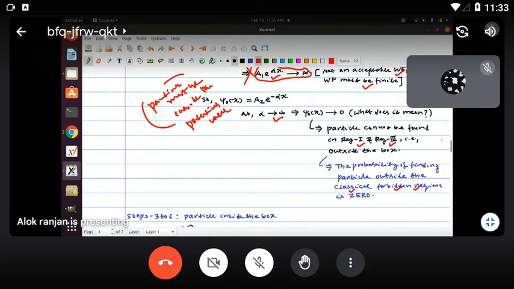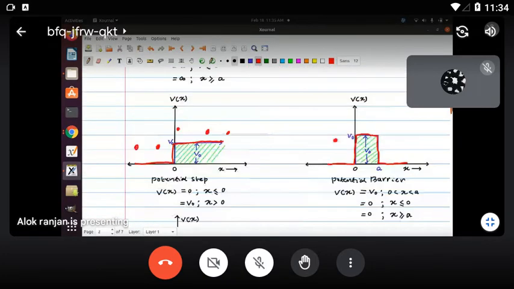But in quantum physics, there is a certain chance that the particle can be found inside classically forbidden regions. That's why the electron can tunnel. Those who know about superconductivity, in that case the electron will tunnel through the potential barrier. And we'll get the detailed solution when we solve the potential barrier.